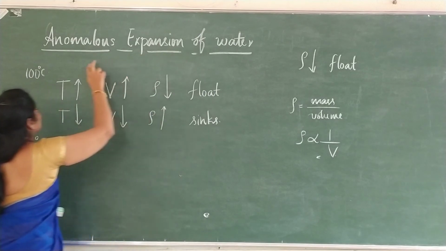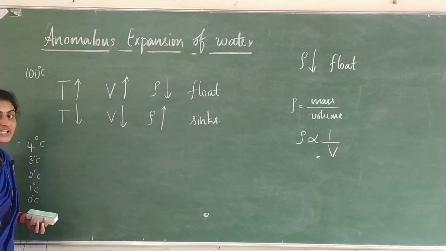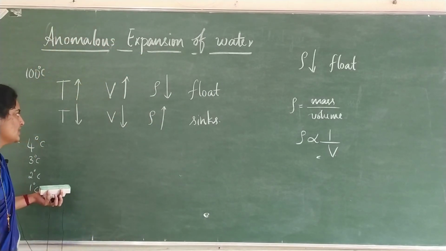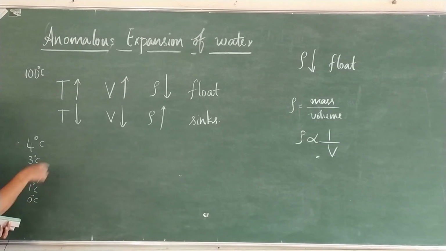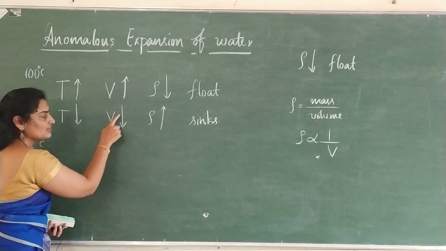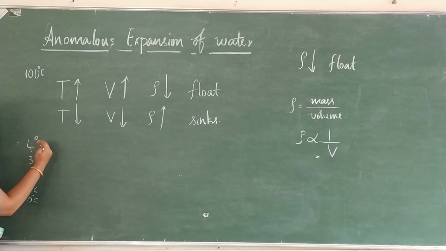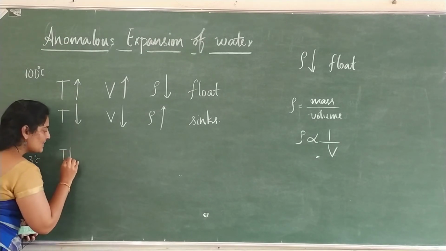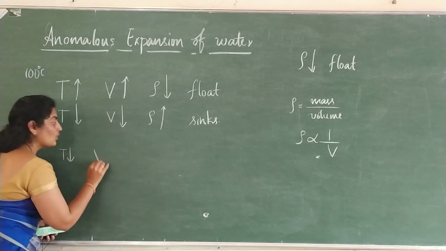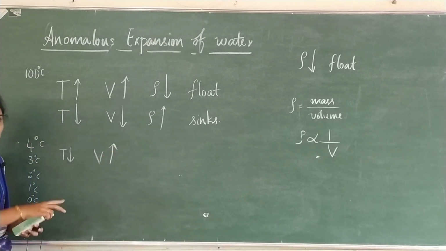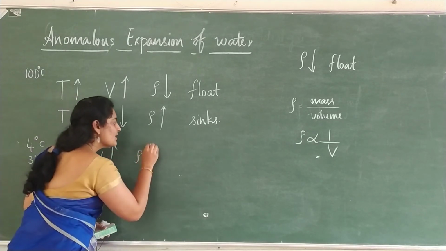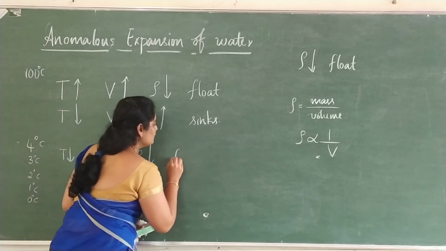Water behaves abnormally, deviation from the normal condition. Which is the normal condition? If temperature is decreased, volume has to decrease. But after 4 degrees Celsius, if you cool water, if you decrease the temperature of water, what happens? As temperature decreases, volume will increase. Ulta, density will decrease and it floats.